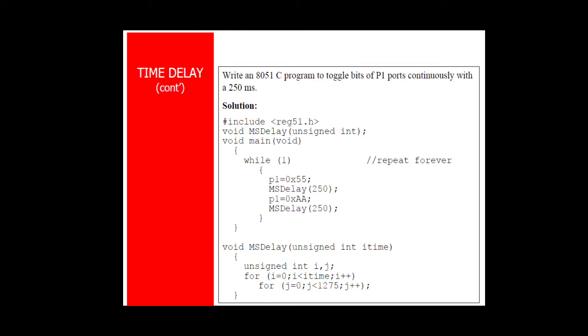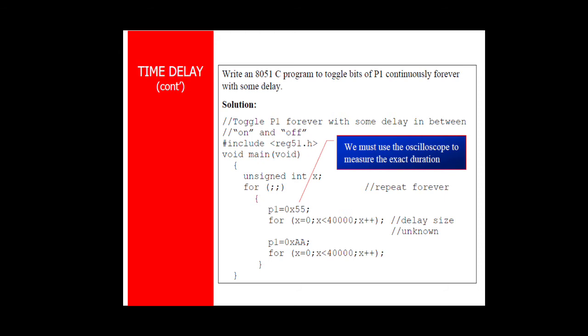Then after that again AAH value is sent to P1, and then once again msdelay is called. So if you want a delay with a given time, if the time is mentioned, then you have to write a function, otherwise you can do it using a simple for loop like this.